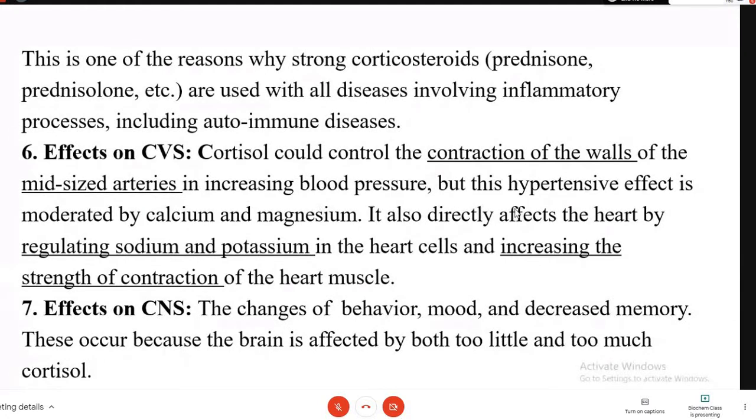But this hypertensive effect is moderated by calcium and magnesium. It also directly affects the heart by regulating sodium and potassium in the heart cells and increasing the strength of contraction of the heart muscle. This has been recently studied, okay? Now it has an effect on the cardiovascular system also.